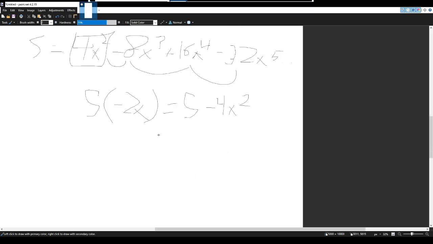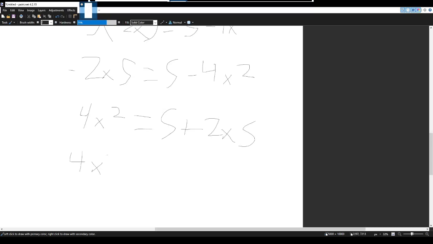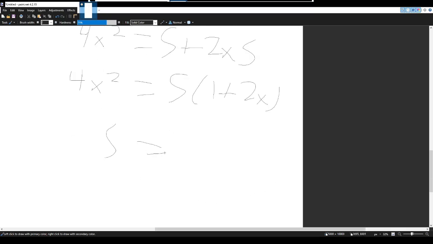And then you can solve for s, and s is going to be the sum. So -2x s equals s minus 4x squared, and then 4x squared equals s plus 2x s, and then 4x squared equals s times (1 plus 2x), and then s equals 4x squared divided by 1 plus 2x.